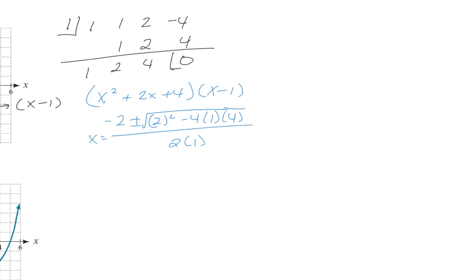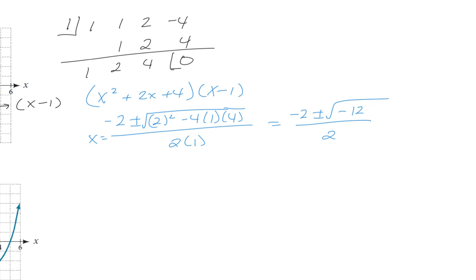This gives the x's for just the quadratic part. So this is going to give me -2 plus or minus, inside the root I have 4 minus 16, so I actually have the square root of -12, all over 2.